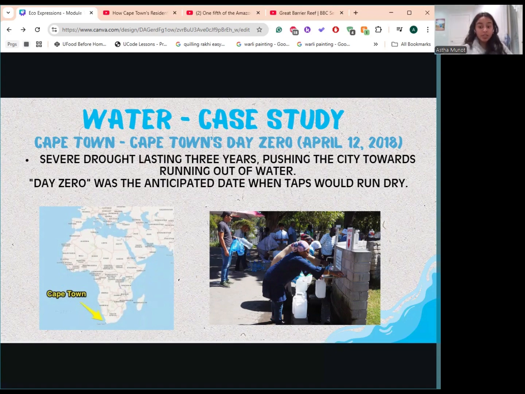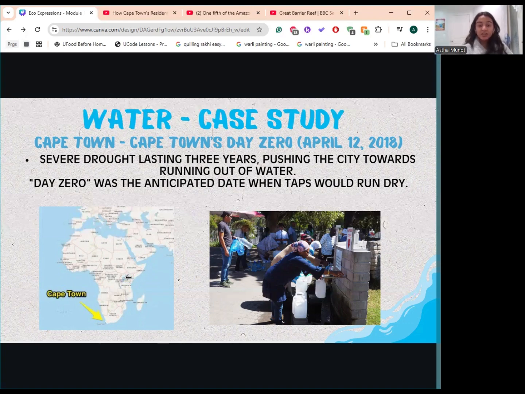Years of drought, climate change, and high water usage led to this extreme rationing, and people were limited to only 50 liters of water per day. So, to put this into perspective, an average American uses around 300 million liters of water a day. However, in Cape Town, they were limited to only 50.